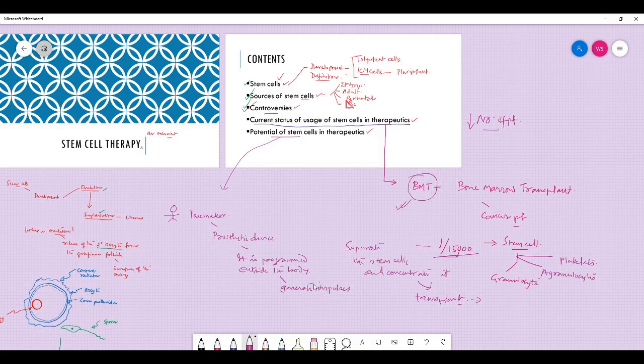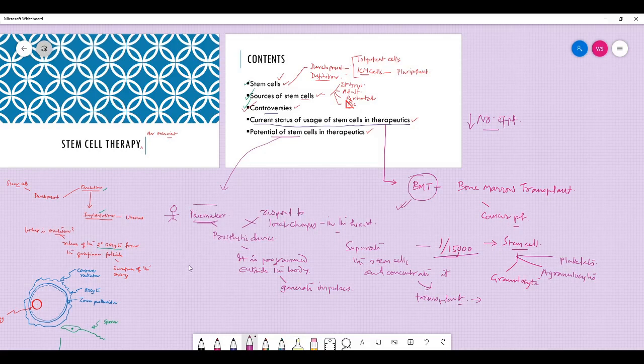So it cannot respond to local changes in the heart. This is the problem with pacemakers. Then again, the body can reject it if it's immunogenic. And it is an external thing which has got a battery. The battery may fail. So there are lots of issues with prosthetic devices.